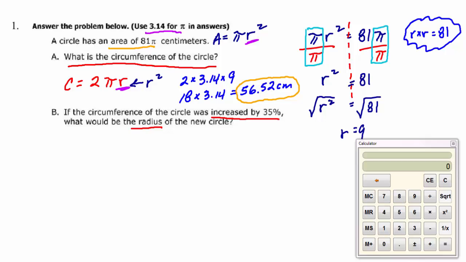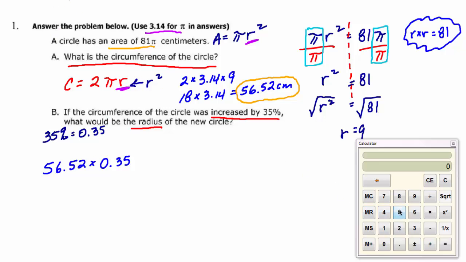So we're going to start by taking our 56.52 and multiplying it by 0.35, because 0.35 is 35% as a decimal. So 35% is equal to 0.35.